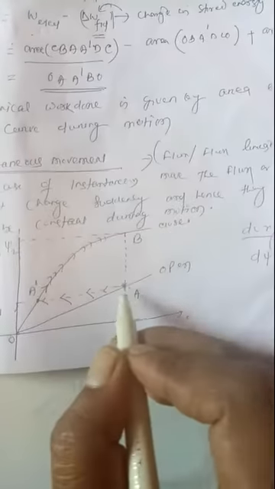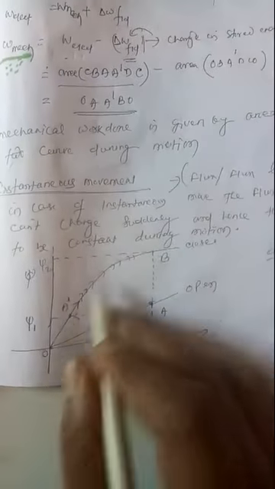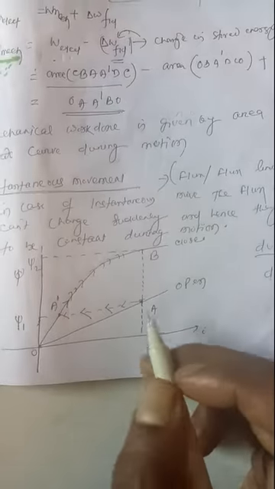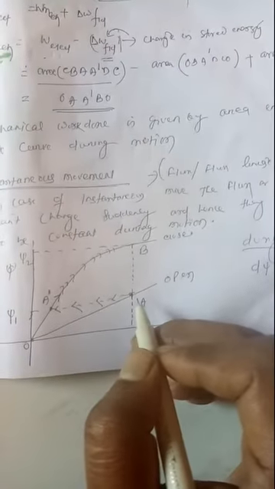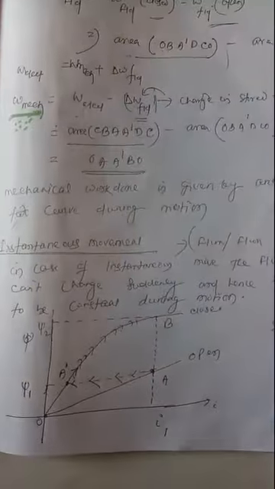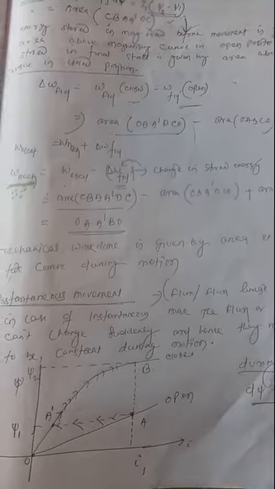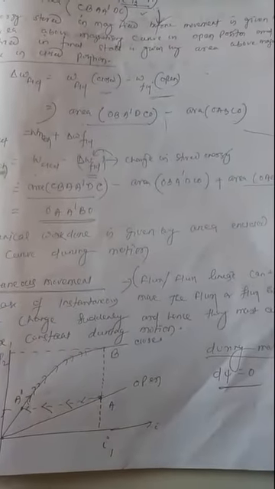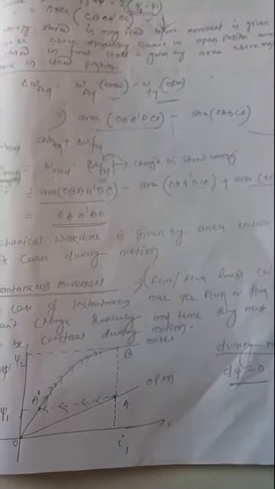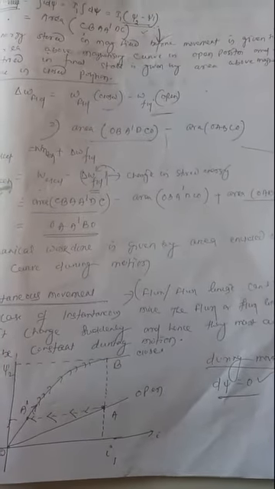This is indicated by the path psi 1 to psi 2 at this path A'B. In this condition we can assume that the change in flux linkage is equal to 0, because it moves suddenly, instantaneously. So the change in flux linkage will be supposed to be 0.